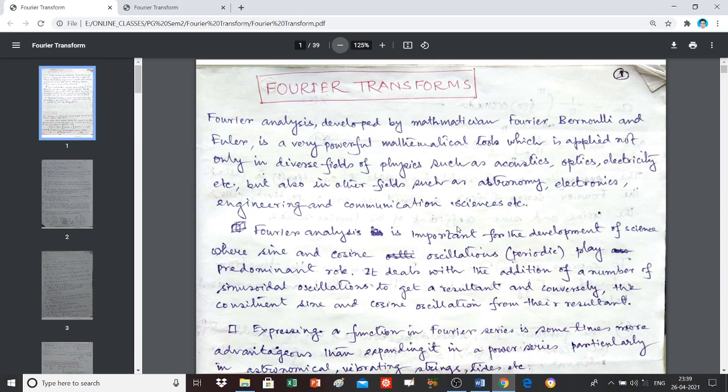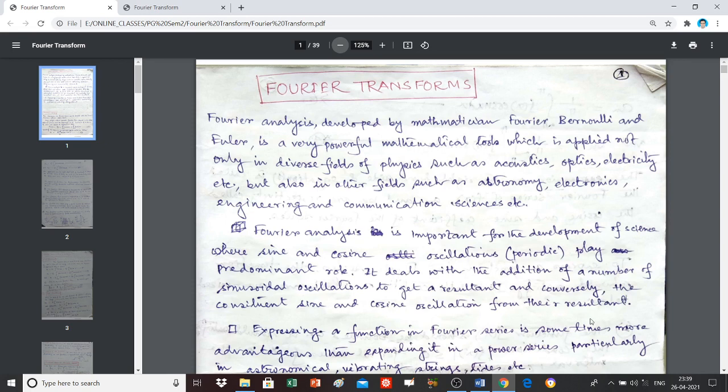Conversely, you can also find the resultant of a number of sine and cosine waves, oscillations, etc., or a number of sine or cosine functions into a resultant function. This is why we frequently use Fourier analysis.